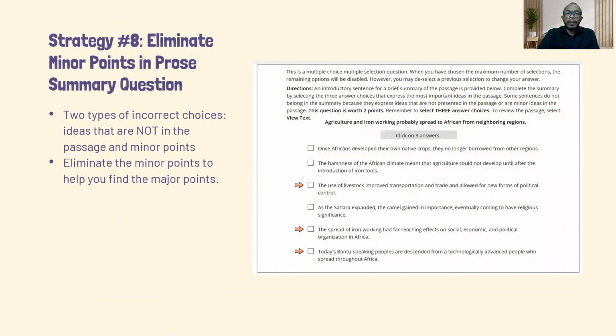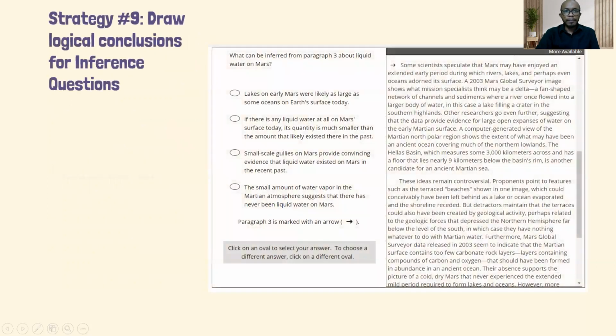And remember that the minor points and the information or ideas that are not in the passage will be the distractors, the 3 other distractors in the options. So you can eliminate the minor points to get a better chance of identifying the major ones.